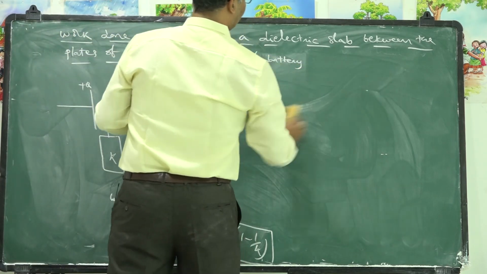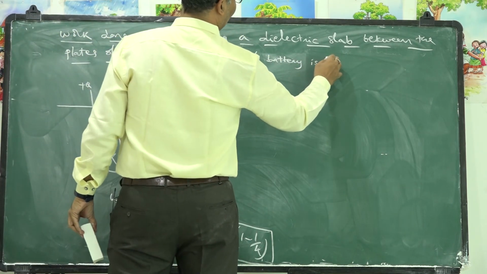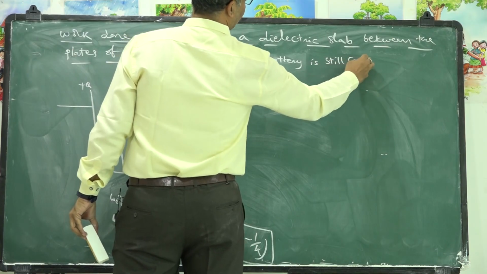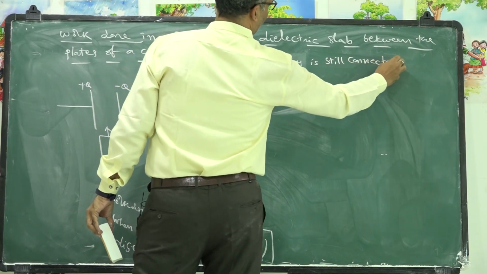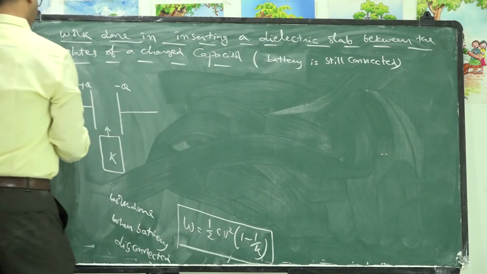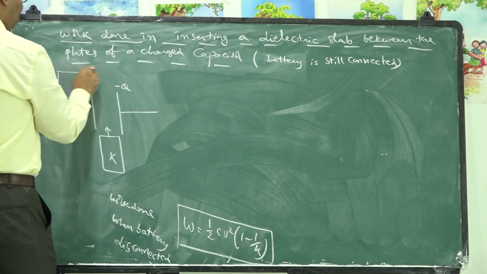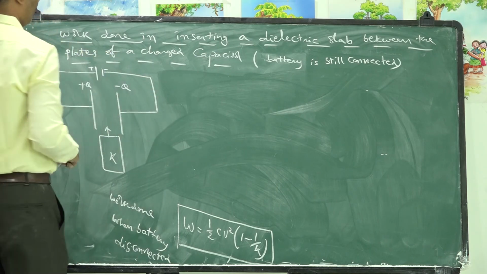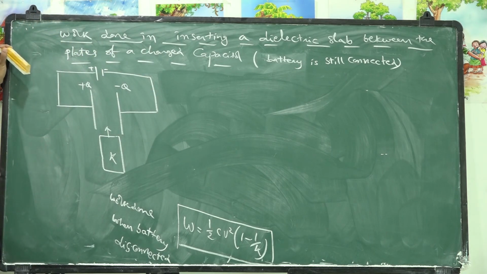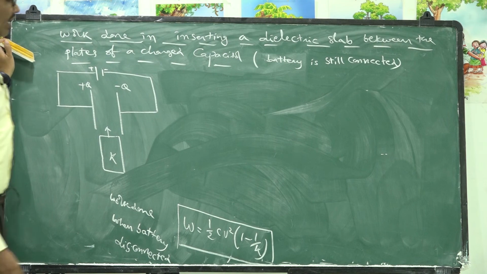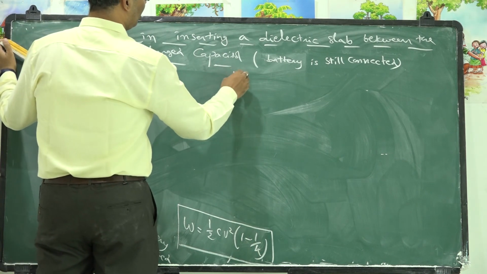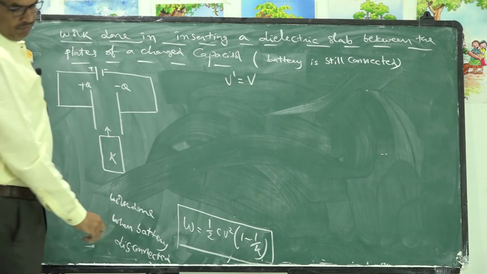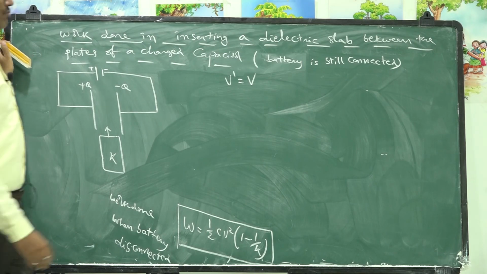Now the next case, the battery is still connected. When the battery is still connected, the potential remains the same.